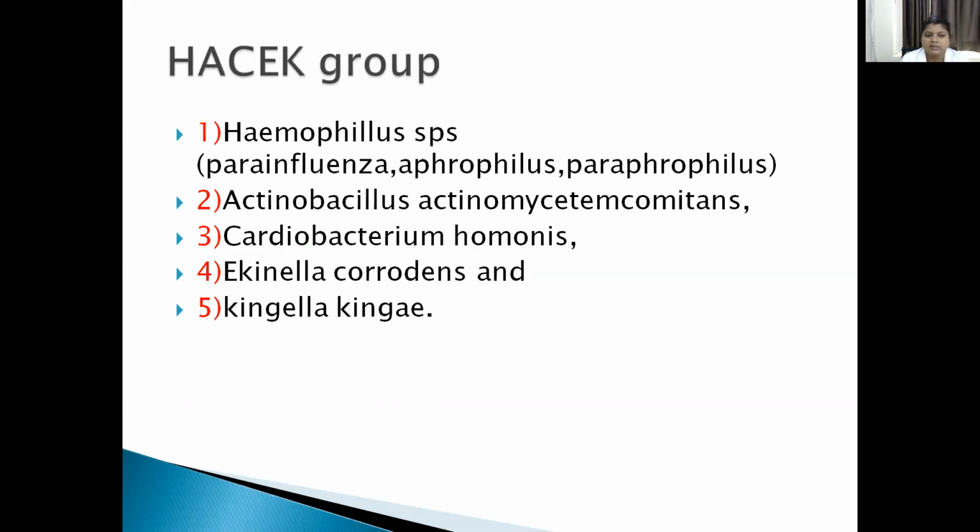Next, the other one is the HACEK group. This is an acronym, and sometimes it may be asked as a very short question: define HACEK. H means Haemophilus species, like parainfluenzae, aphrophilus, paraphrophilus.